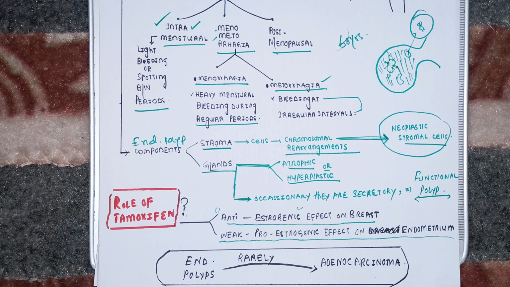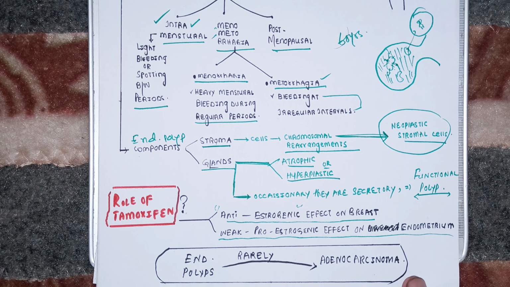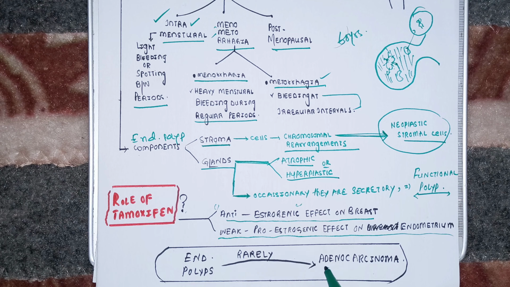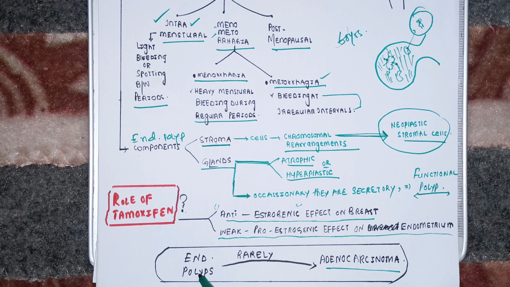Where tamoxifen has an anti-estrogenic effect on the breast, it has a pro-estrogenic effect on the endometrium. And you know, beta, when an estrogenic effect is produced on the endometrium, the endometrium multiplies, there is overgrowth, hyperplasia can occur, and polyps can also form. And once you develop an endometrial polyp, there are chances to develop adenocarcinoma, but rarely. An endometrial polyp may develop into a malignant adenocarcinoma of the endometrium, but rarely.